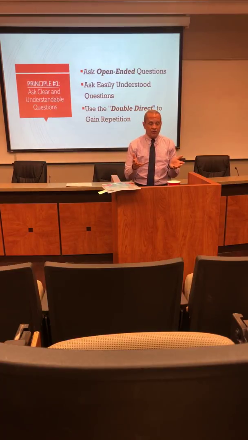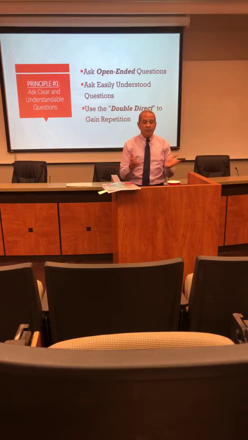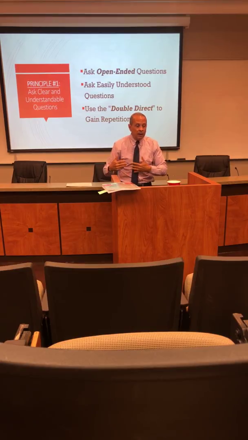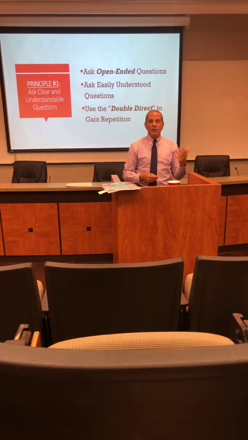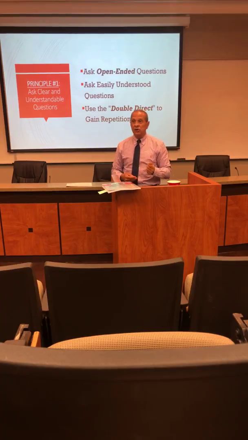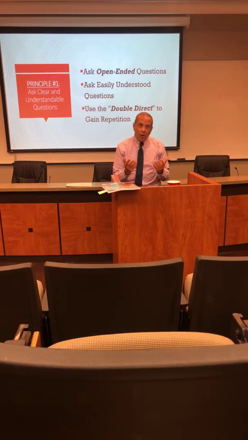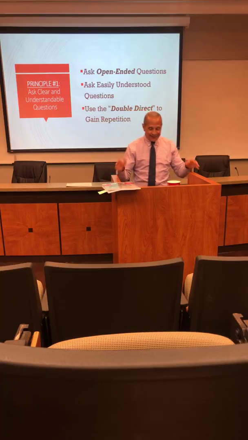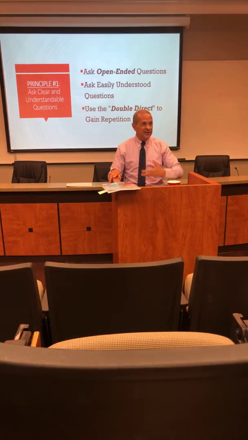Right, that's the question. The witness says, hand me your wallet or I'll blow your head off. Your next question, using a double direct, would be, after he said, hand me your wallet or I'll blow your head off, what did you do? Right? Simple technique. I don't go doing that for every question, because you're going to get a cumulative objection, and it's going to start to sound disingenuous.